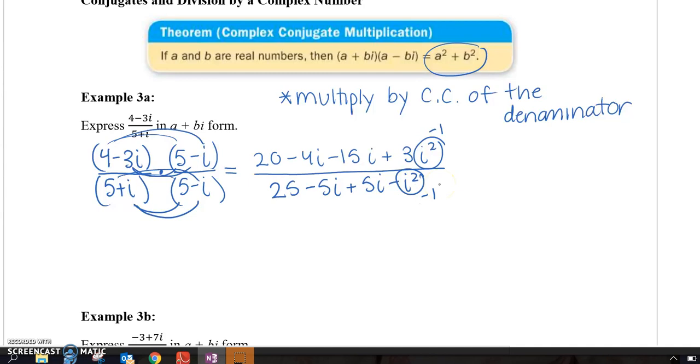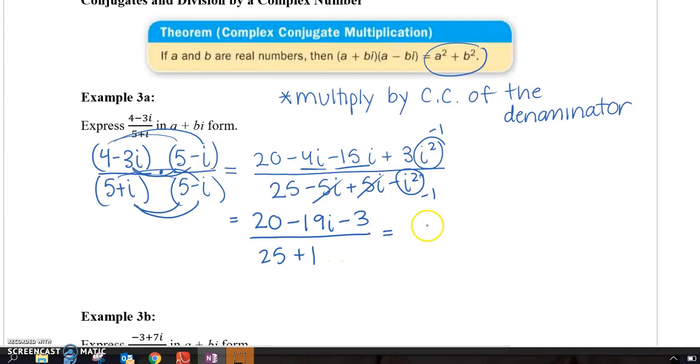So if we simplify again, 20, negative 4i minus 15i is negative 19i. 3 times -1 is -3. Over, well, we have 25. Negative 5i plus 5i goes to 0. Negative -1, so the opposite of -1 is +1.